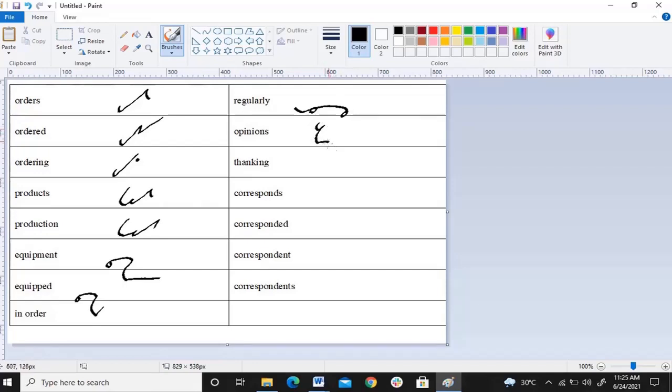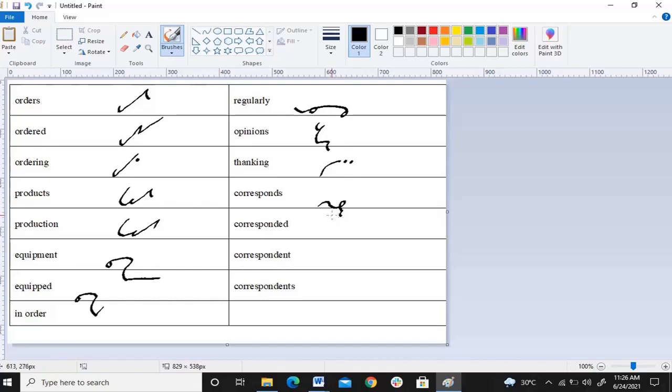Opinion is represented by your O, P, and N. Now, we add S for it to become opinions. Okay? Next, thanking. So, yung ating thank kanina is represented by TH, and that's sa dulo. Ngayon, we add another ing. Okay? So, that's thanking. Next, we have corresponds. Correspond is represented by your K-R-E-S, and then another S for corresponds. Tama ba?